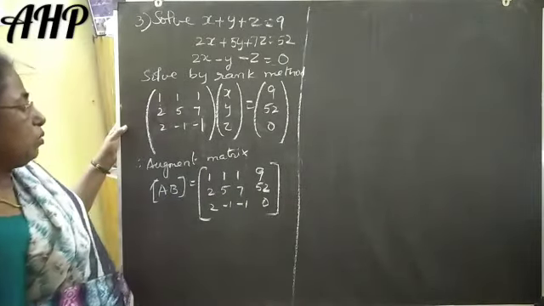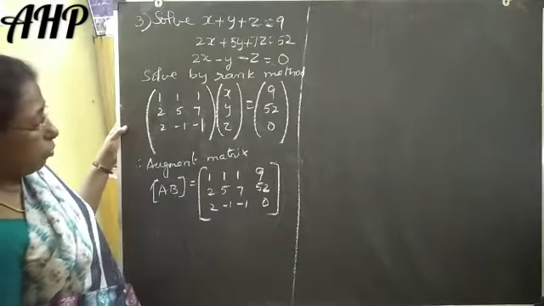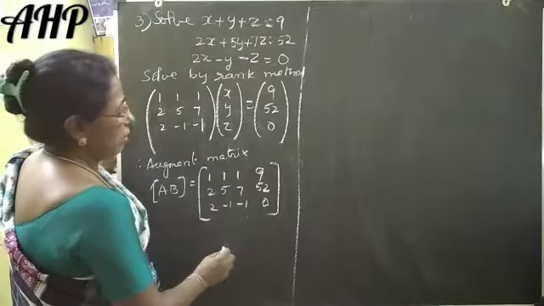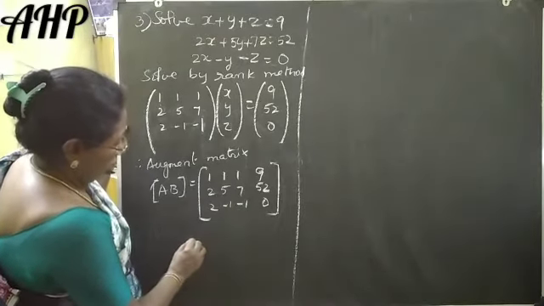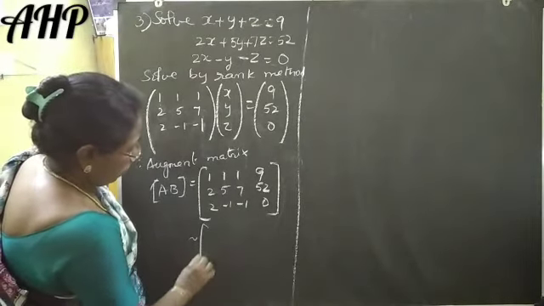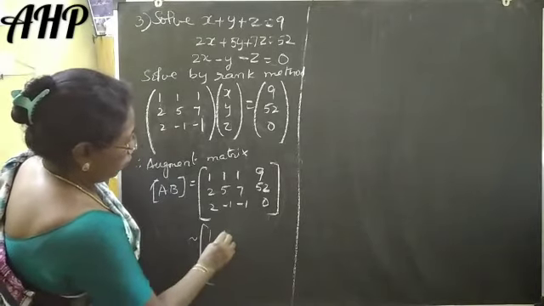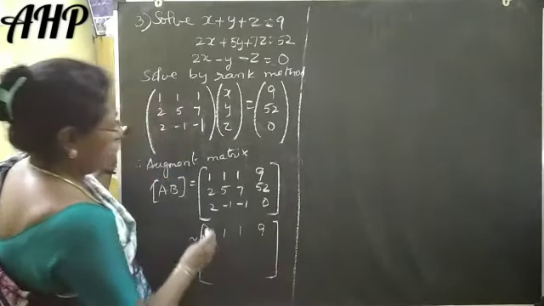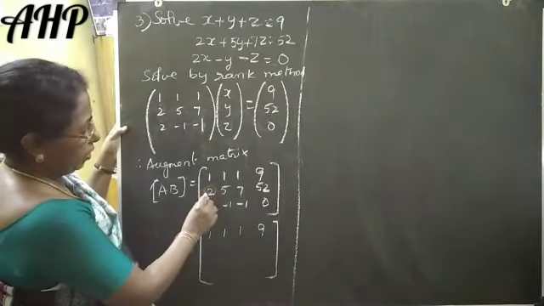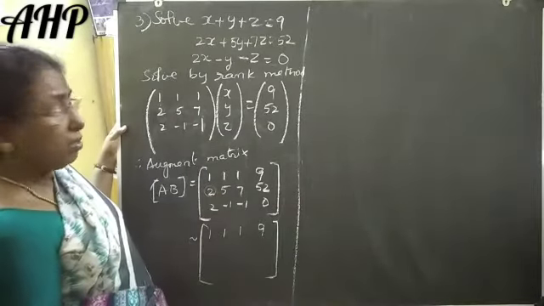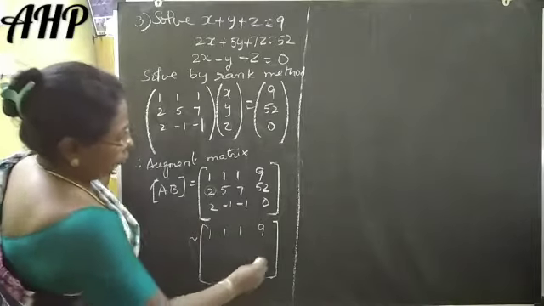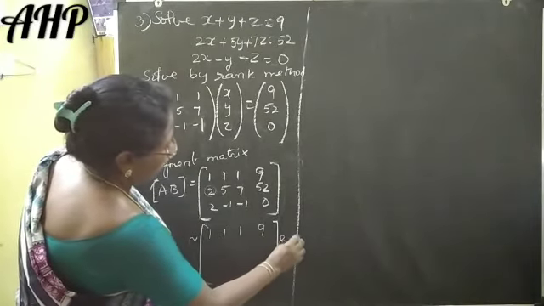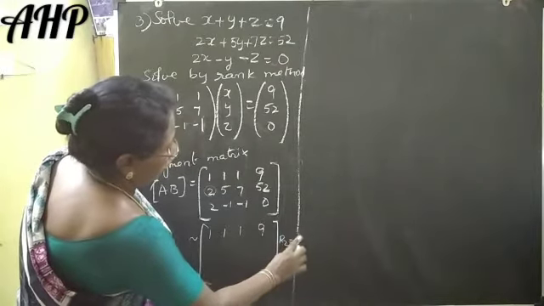Now we are going to use elementary transformation to bring this matrix in echelon form. Hence, this is equivalent to 1, 1, 1, 9. To write this in echelon form, our aim is to make the first element of the second row to be 0. Therefore, R2 is equal to 2R1 minus R2.